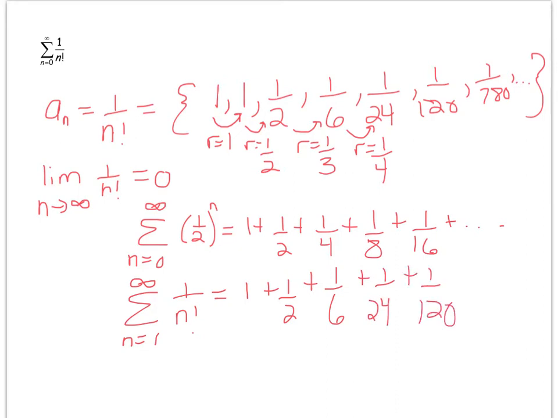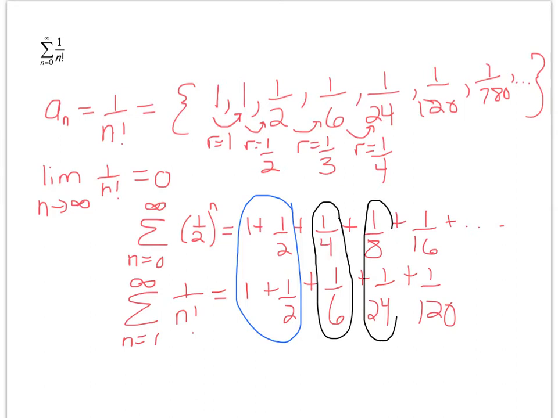Now let's start to compare these terms. The first two terms here are the same. But then for all the rest of the pairs here, like 1/4 is bigger than 1/6. 1/8 is bigger than 1/24. 1/16 is bigger than 1/120.